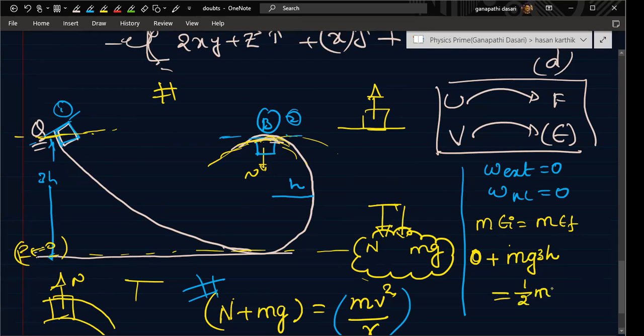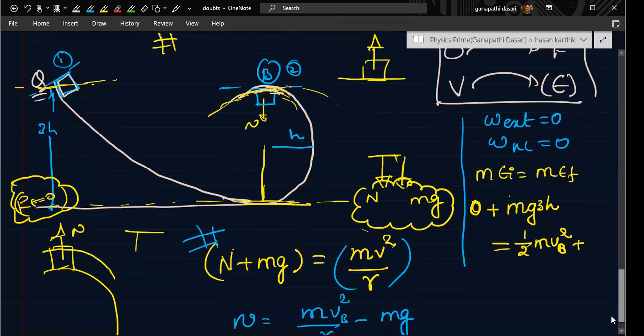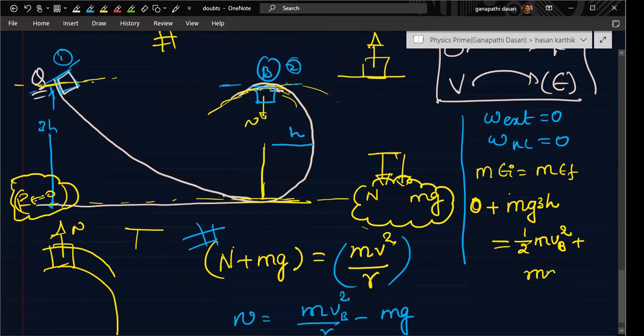Kinetic energy is half into m into vB square, right? Plus, what is the potential energy? mgh? No, you see the distance from the ground. Whichever point I considered as potential energy zero, from there you count. What is that? mg into 2h.